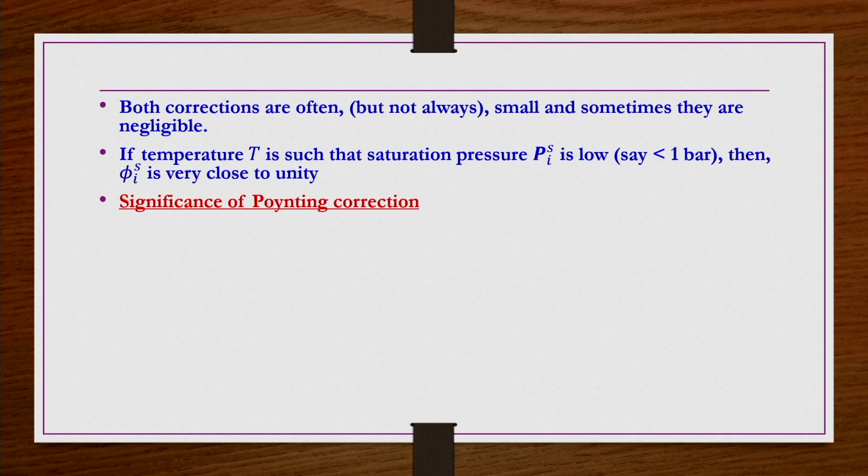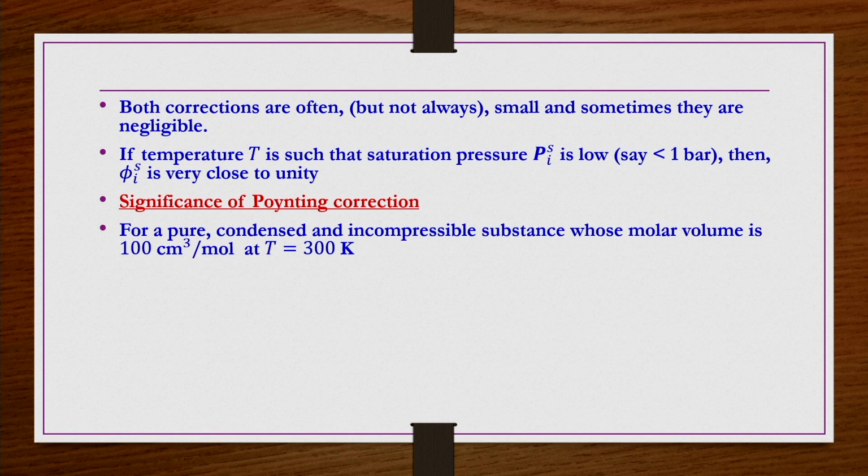Okay. Now, we see the significance of the Poynting correction by taking some pure condensed and incompressible substance of molar volume 100 centimeter cube per mole at 300 Kelvin temperature, in order to check how important the Poynting correction is.